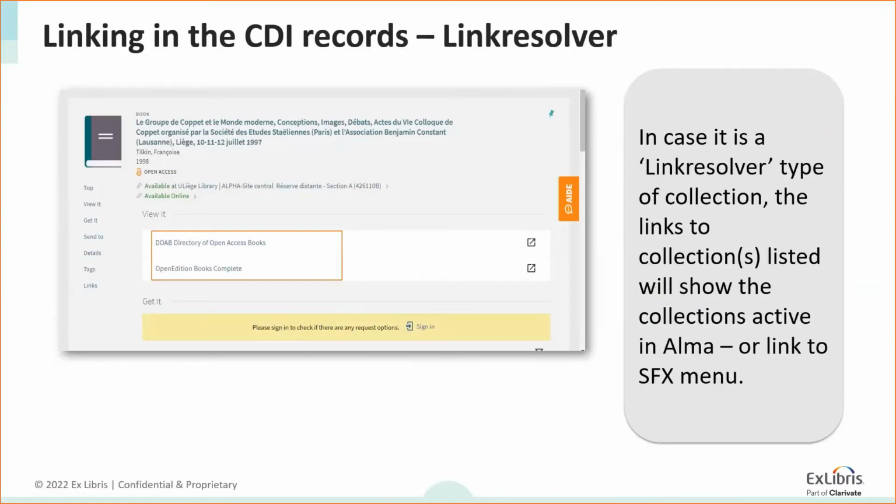What happens behind the scenes, as David mentioned, is that the Primo interface will send an open URL with the metadata from this particular CDI record to either your ALMA link resolver or your SFX link resolver, and ALMA or SFX respond by returning one or more full text services, depending on what collections you've activated in ALMA or what targets you've activated in SFX. For ALMA, you typically see one or more services directly. For SFX, depending on your configuration in Primo, you may also just see a link to the SFX menu.